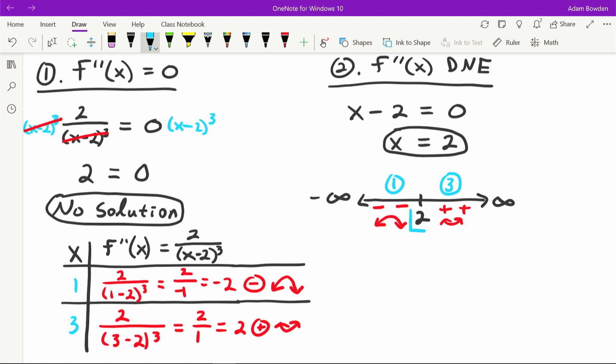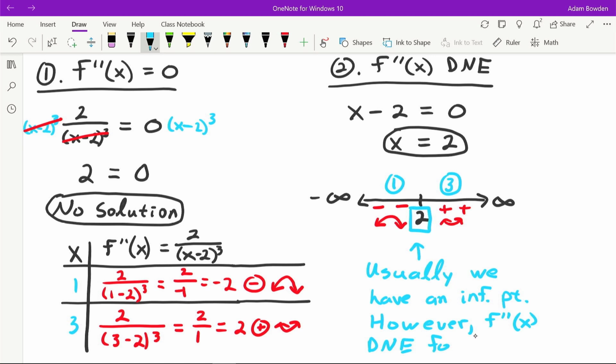Technically, while it does switch direction here at 2, usually we would call this an inflection point. However, this is a number we came from the derivative where it does not exist. So even our original function, the second derivative, plus even the first derivative and the original function, does not exist for x equals 2.